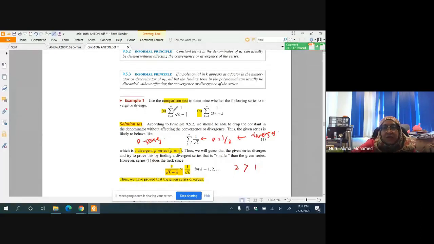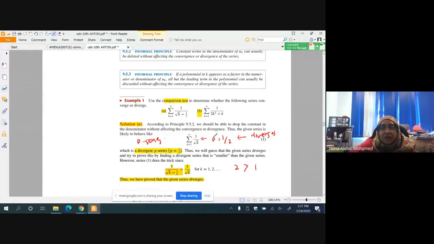Okay, so for K equal to 2, let's say K equal to 4. You can choose any values for K, but I want to choose K equal to 4 because it's easy for me to take the square root.